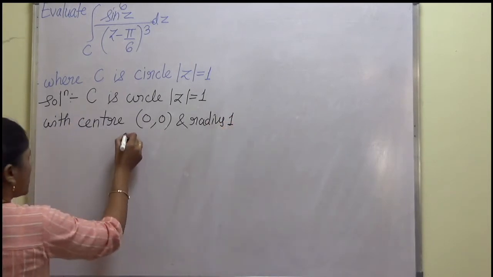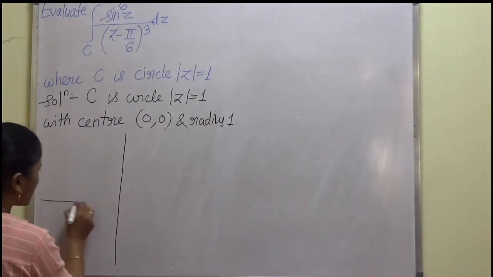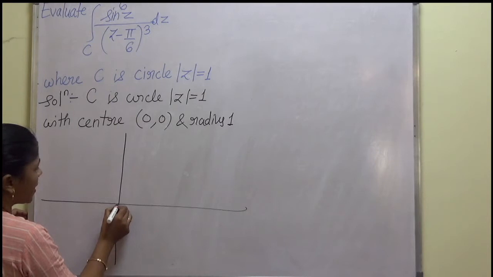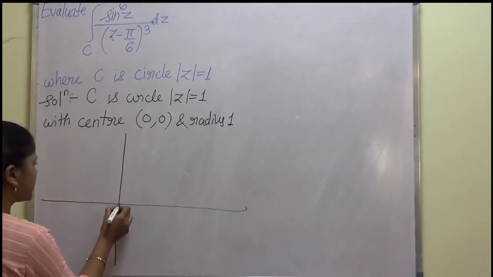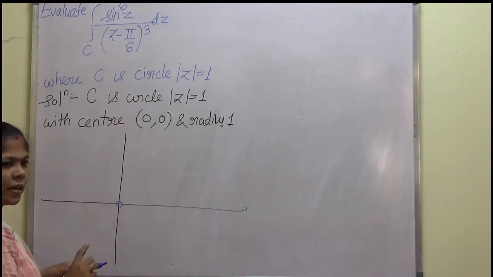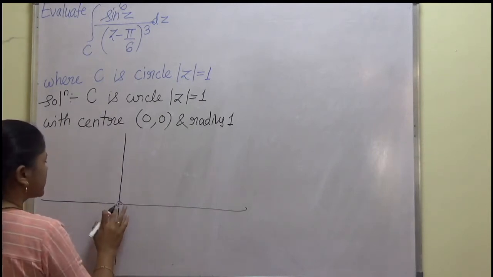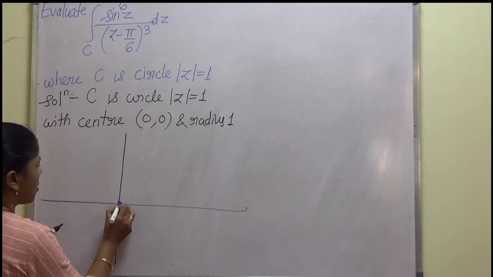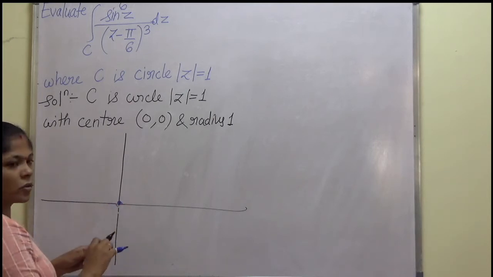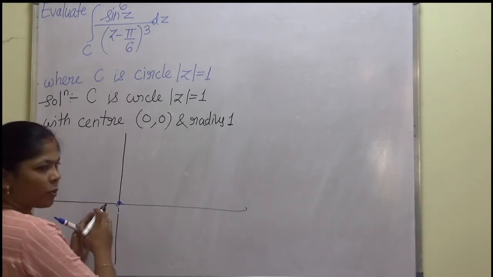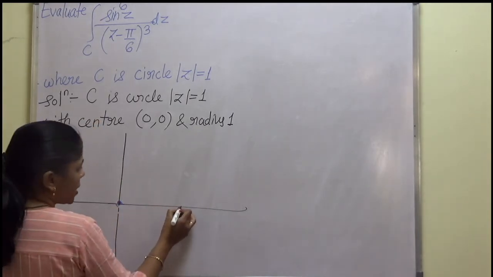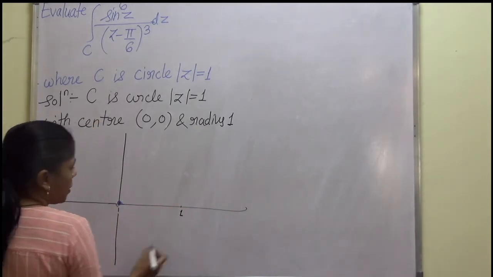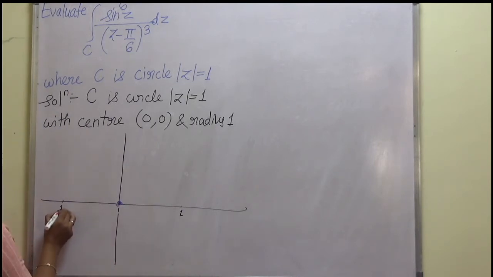Okay, so let us draw the circle with center at the origin. This is our center and radius of 1 unit. As it is on the center, you can measure 1 unit on the left, right, or you can measure up, down. So let us take the distance of 1 unit on the right and 1 unit on the left.